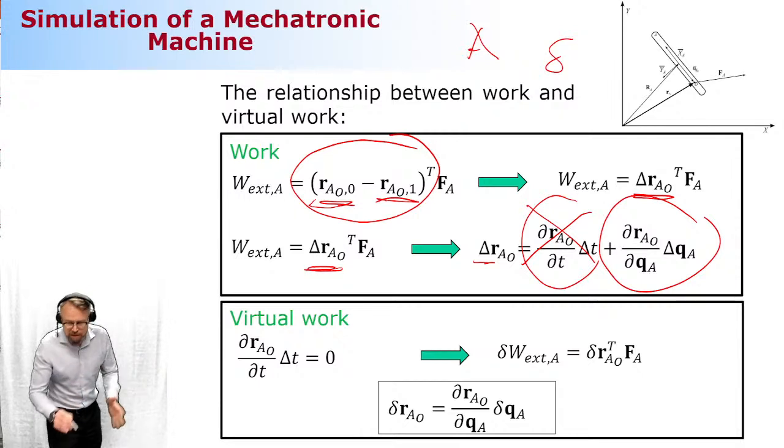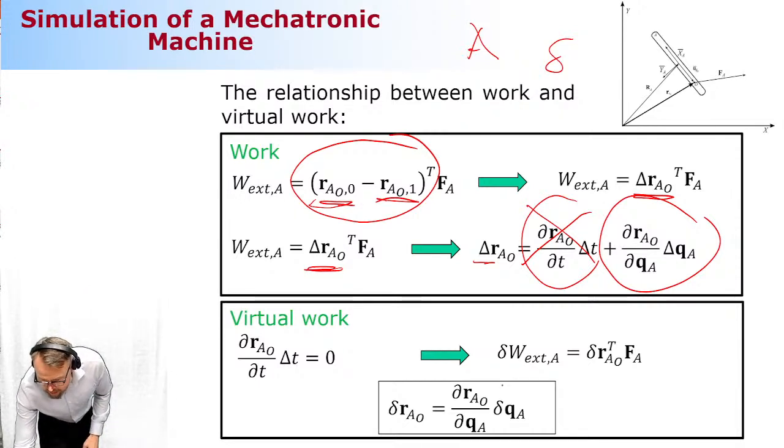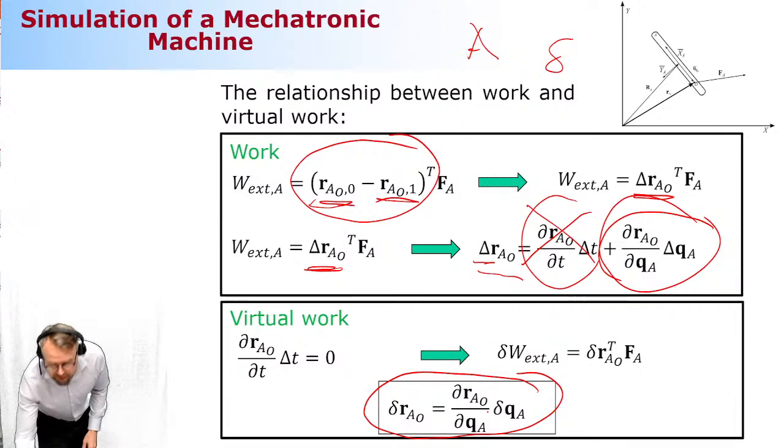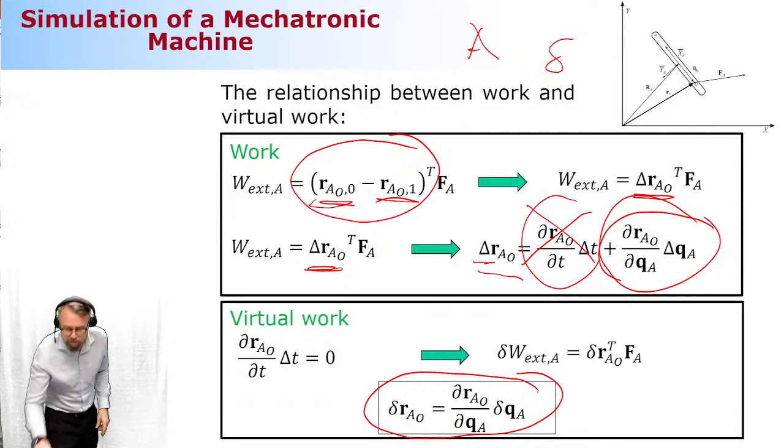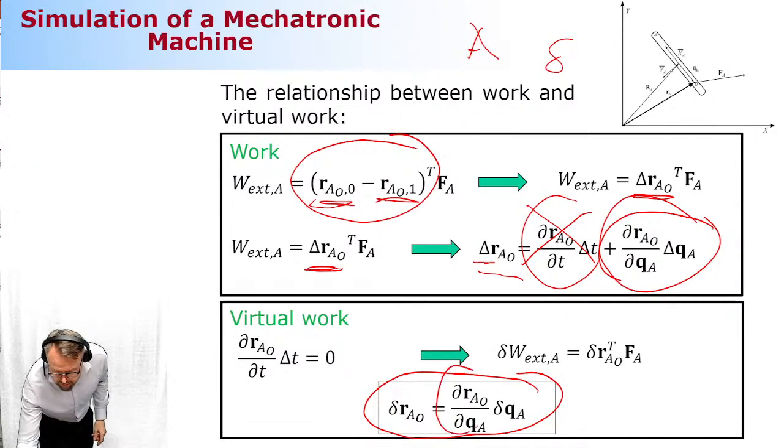All right. So when you look at this virtual displacement, you can only take this last component into account. And when you look at how this last component reads, it says something very important for us: partial r, partial q.